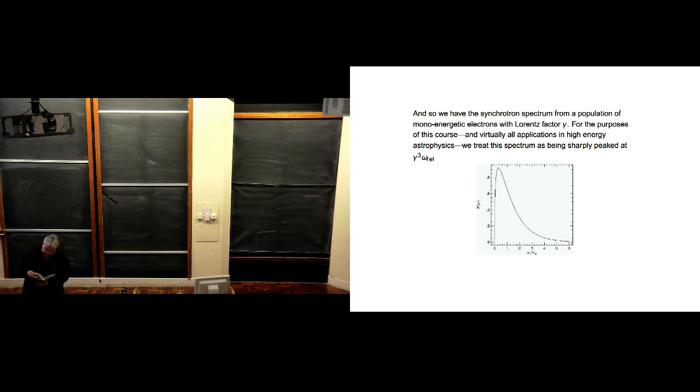This is a lovely 1960s theory book by Pacholczyk. I think I might scan this in, but you go through several pages of this. Essentially you're doing the same thing, but you're working out the precise pulse shape, and then Fourier transforming, and you get the precise shape of the Fourier transform.